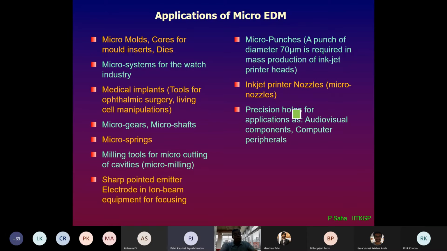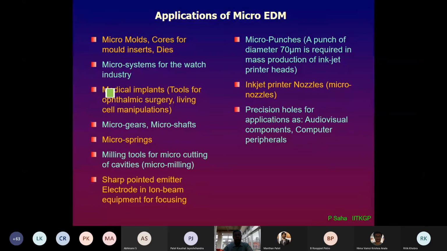for making, because our objective target is to make some micro components like micro molds. When you have some micro molds, finally for the molds I may need the cores as mold inserts. Those are also very small, or dies. Or say for watch industries, micro gears, how can you make them?